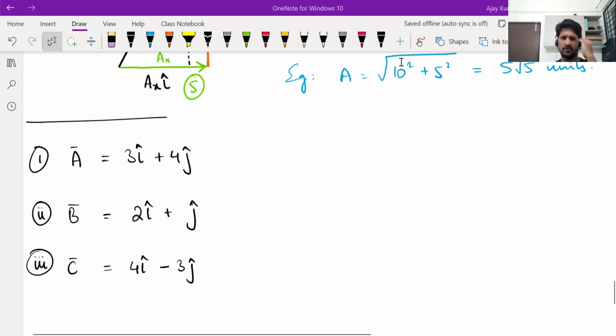Okay, Vanilla, your answers are correct. Others also send your answers quickly. Pawan, your answers are also correct.